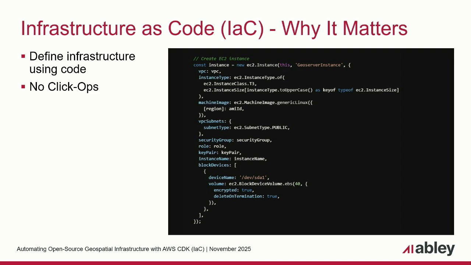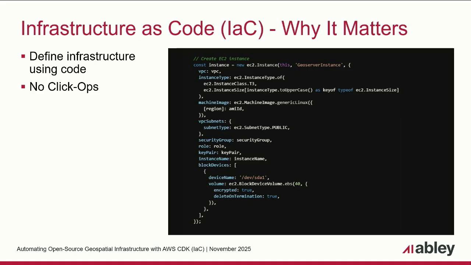You get version control with this infrastructure as software. It's repeatable. You can configure it and run it in different environments. That's what we do for development, testing, and many different environments, which we can spin up pretty quickly.